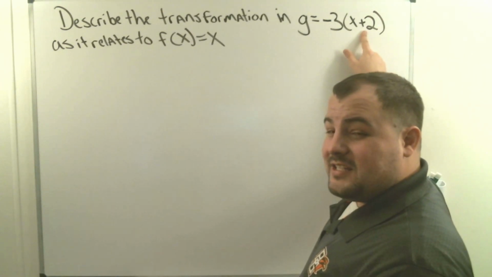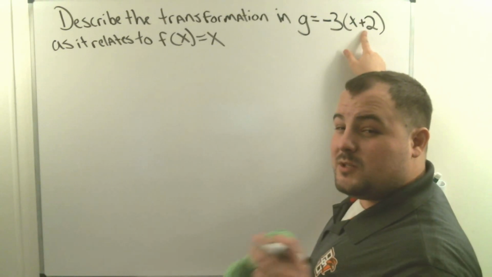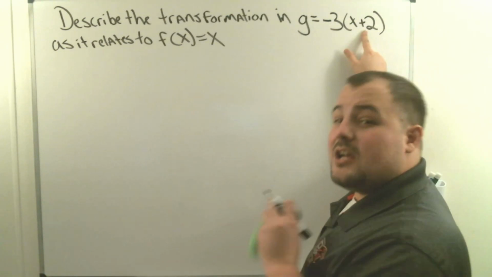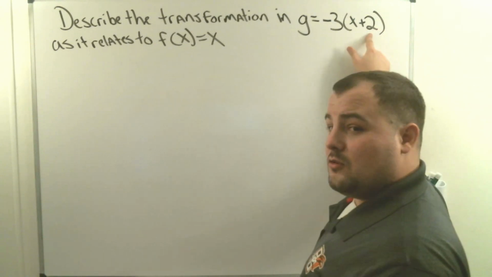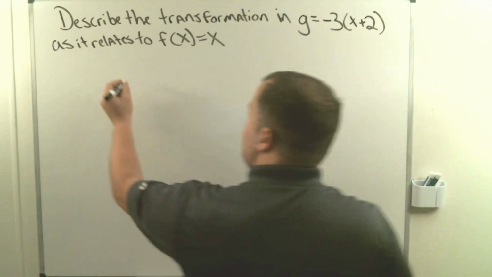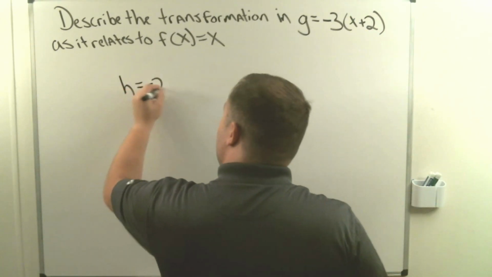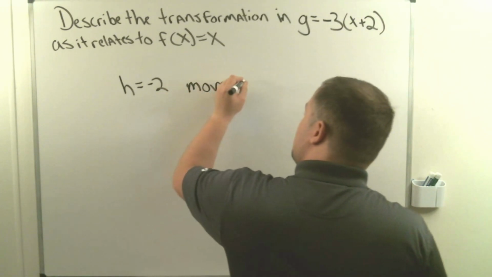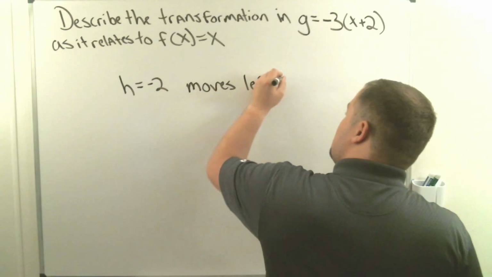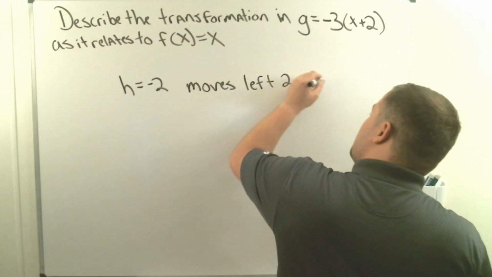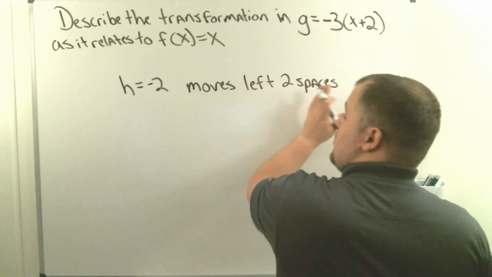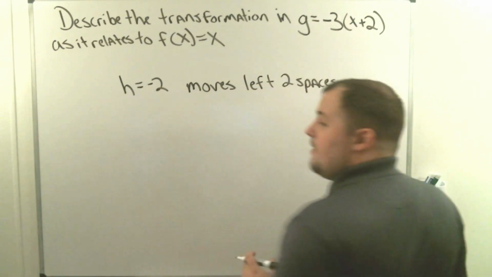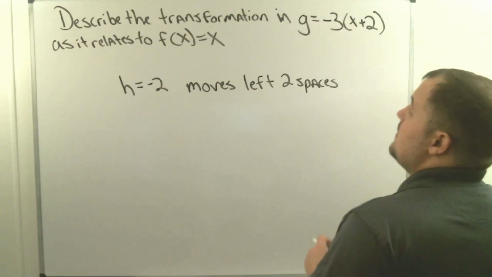Hopefully you're thinking that that's actually really a negative number, because we started with x minus h, and two negatives make a positive 2. So this actually means that our h is equal to negative 2, which means that our graph moves left 2 spaces, or 2 units. So our graph is actually going to be moving left by 2 spaces.